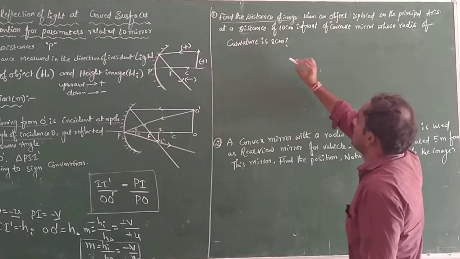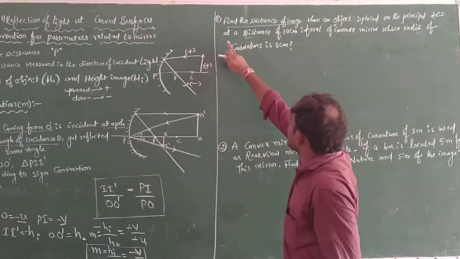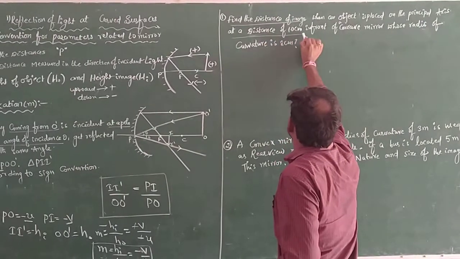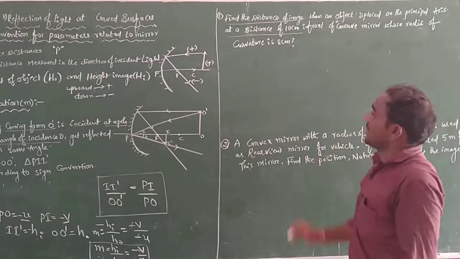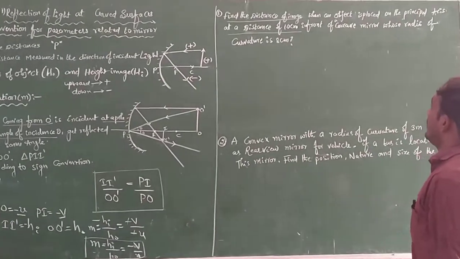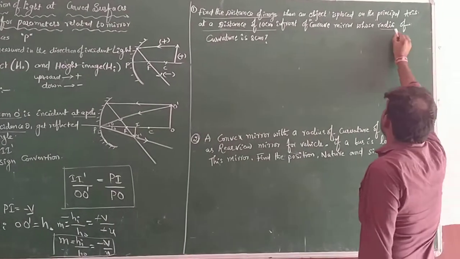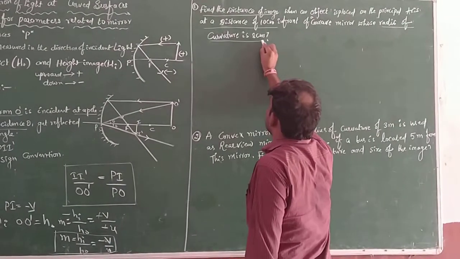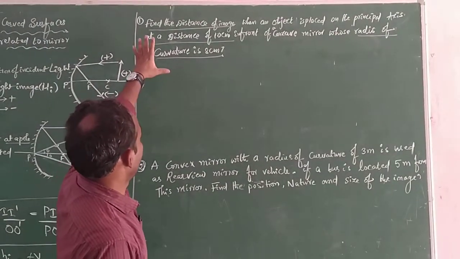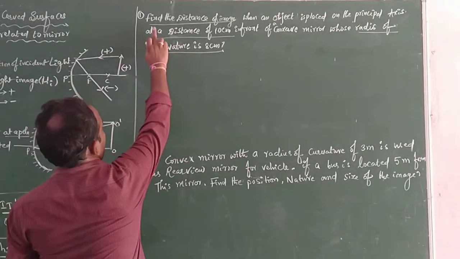The object is placed on the principal axis at a distance of 10 centimeter, which is the object distance. Another given is the radius of curvature, 8 centimeters. So first write the given data.